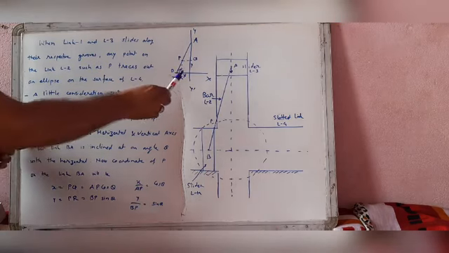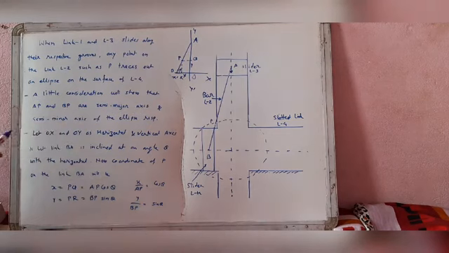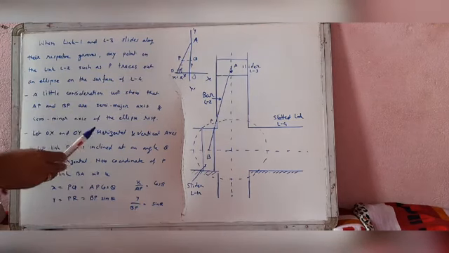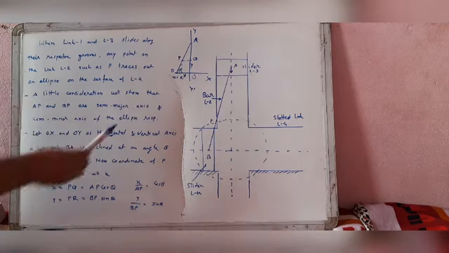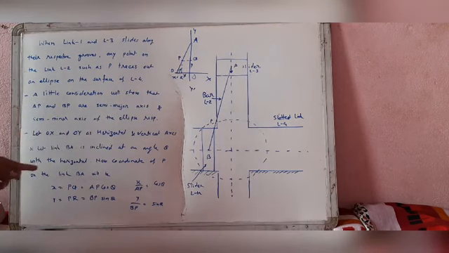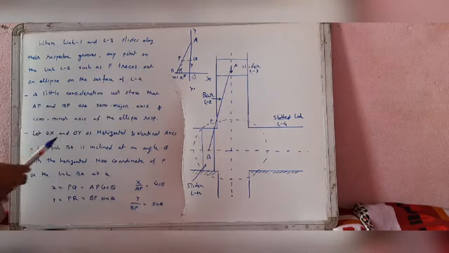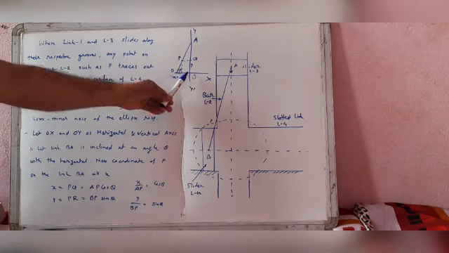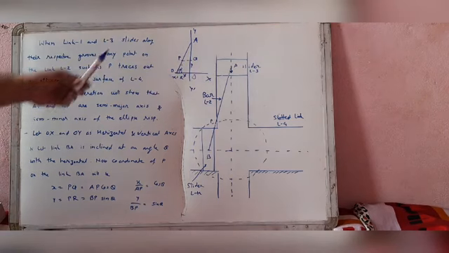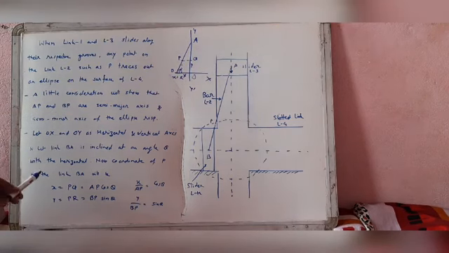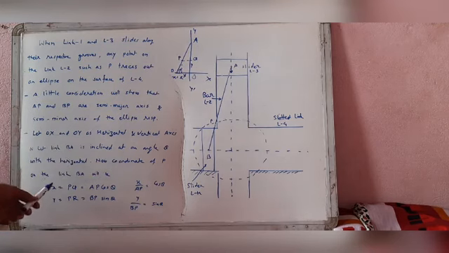Let OX and OY, with O as the origin, be the horizontal and vertical axes, and let the link BA be inclined at an angle theta with the horizontal. Now we need the coordinates of point P: x in the horizontal direction and y in the vertical direction.